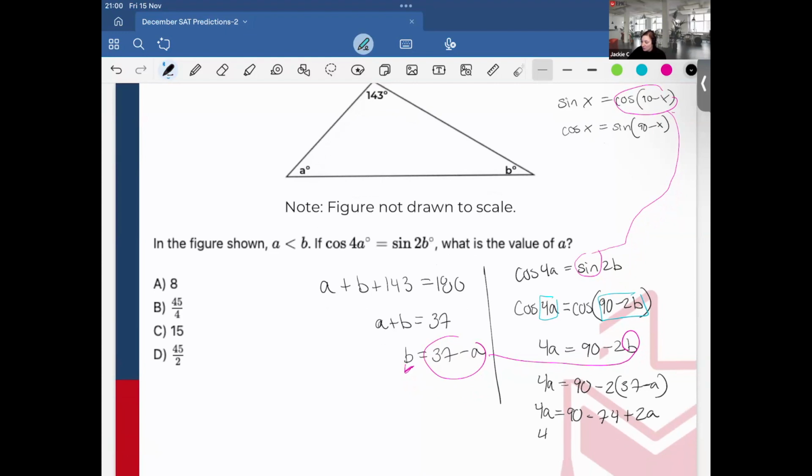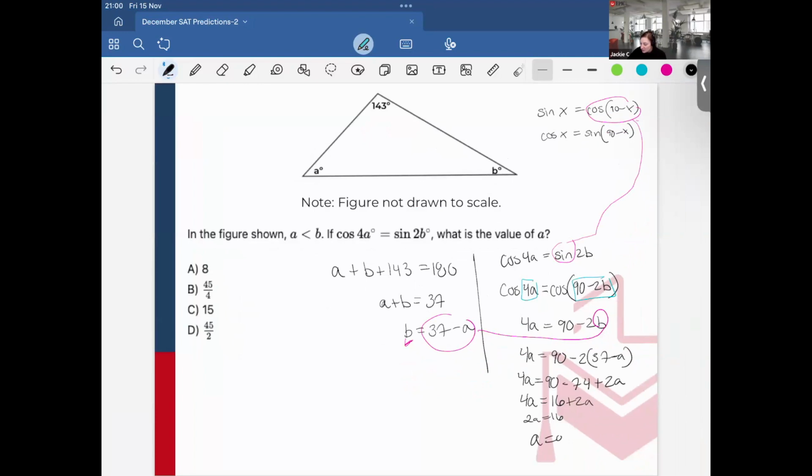And then I would have 4a is equal to 16 plus 2a. 2a is equal to 16, and a is equal to 8, which looks like that would be the correct answer. Okay, amazing trig problem. The main takeaway for this problem: know your trig identities, they're important.